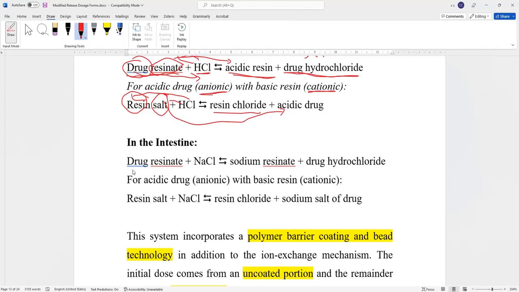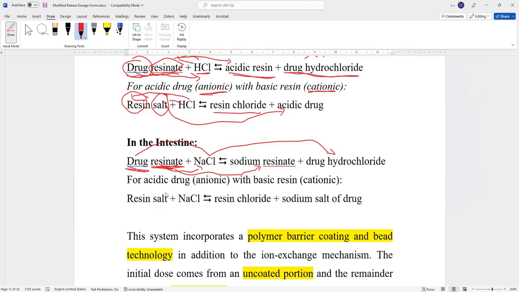Now the opposite will happen in the intestine. For the intestine, again, for a basic drug, this is a basic drug with an acidic resin. See what is going to happen. The drug, we said the drug is basic. It will react with Cl and form drug hydrochloride, and the resin will react with sodium and form sodium resin.